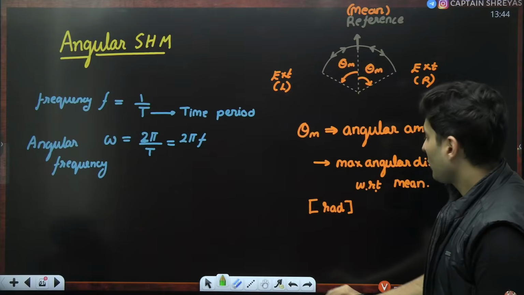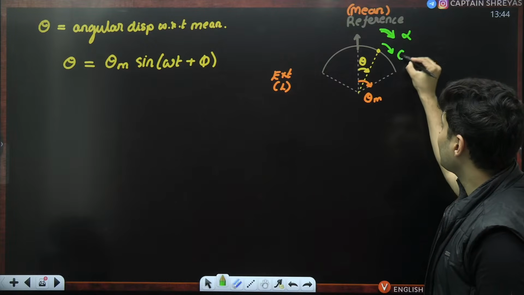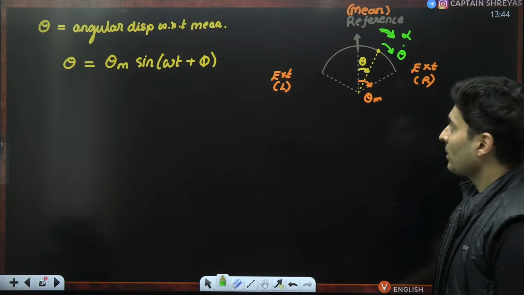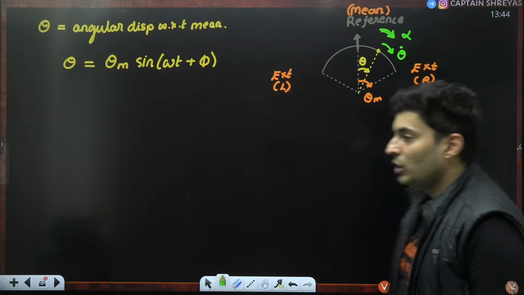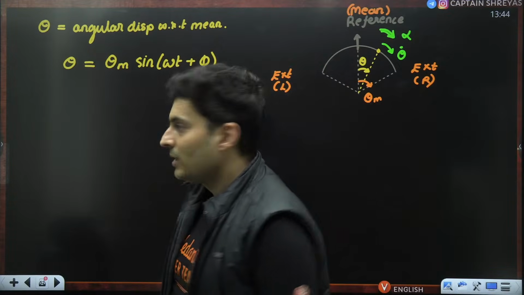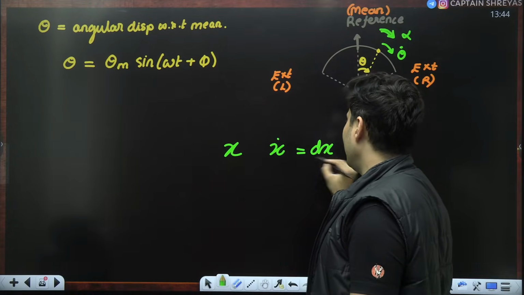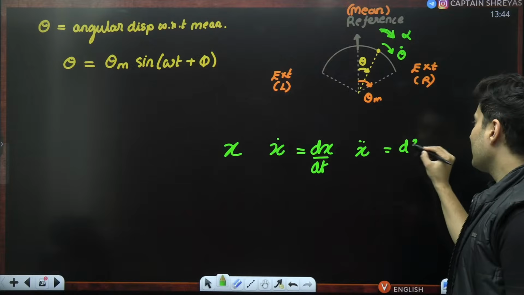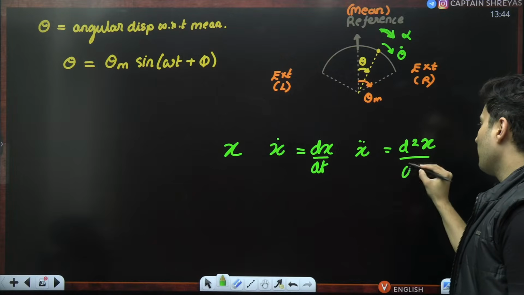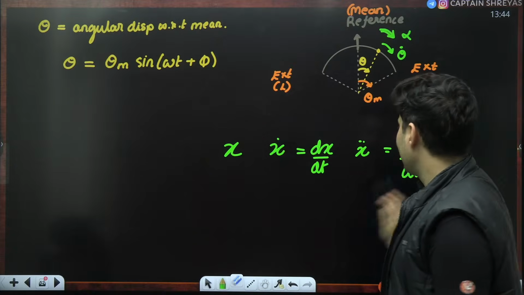So hence it is usually written down as theta dot. What is the dot representing? The dot represents derivative. So when I say x dot, it means dx by dt. When I say x double dot, it means d square x by dt square, the second derivative of x. So a dot represents derivative.